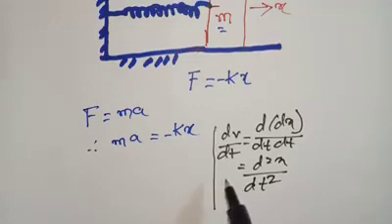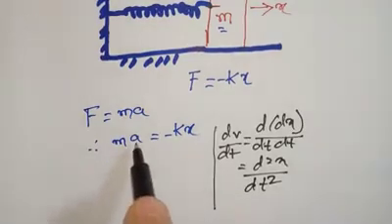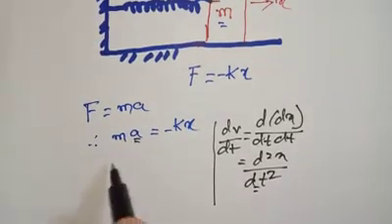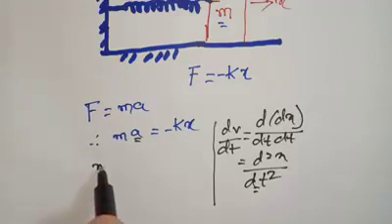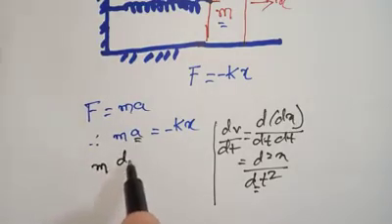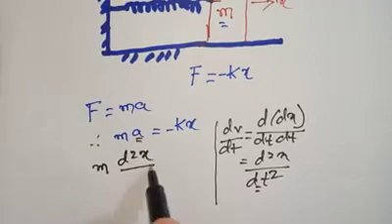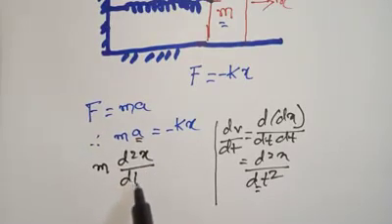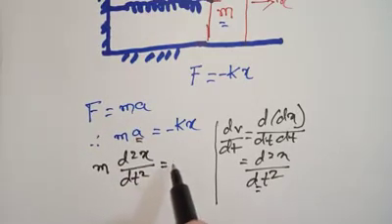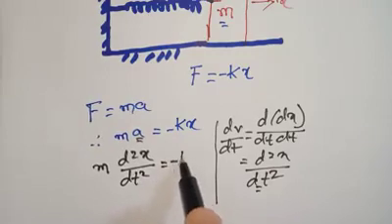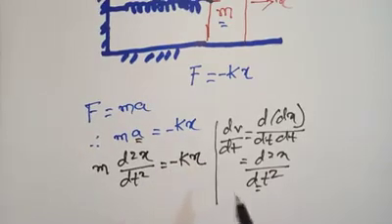So that is why acceleration is the second derivative. So we can definitely put it as m d squared x by dt squared equals minus kx.